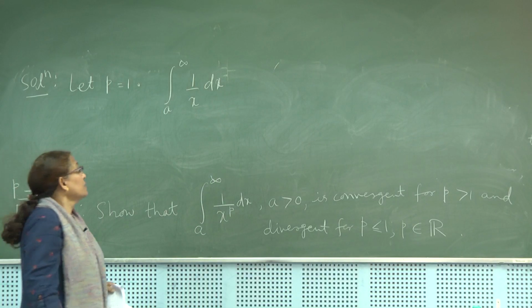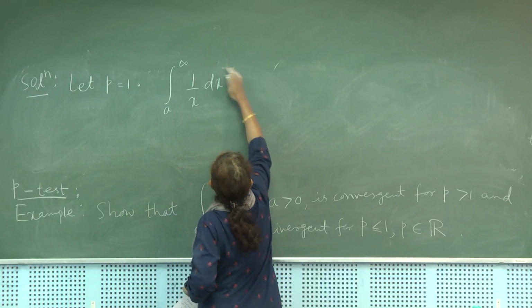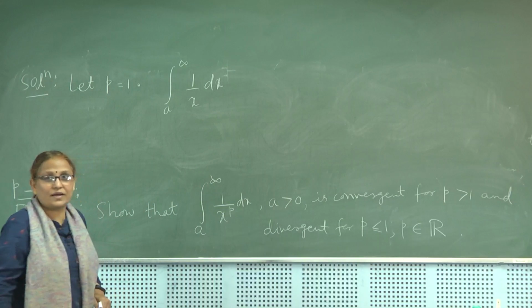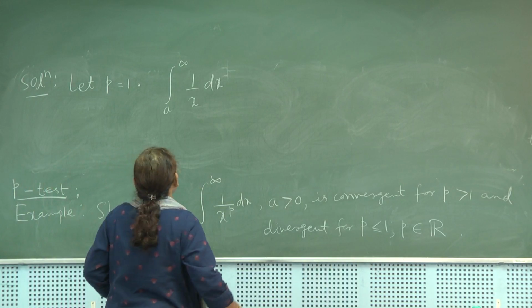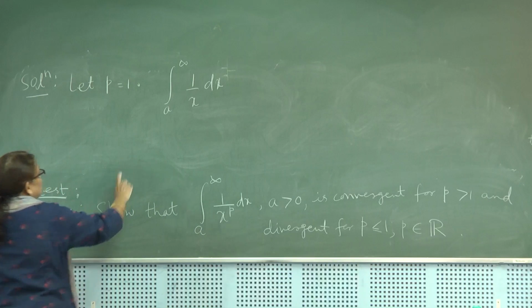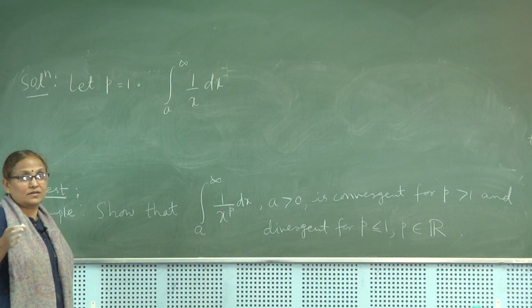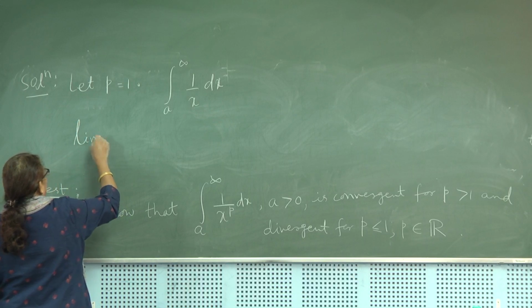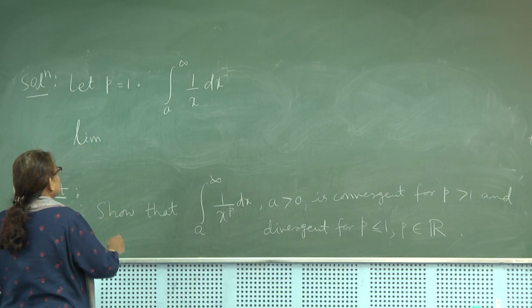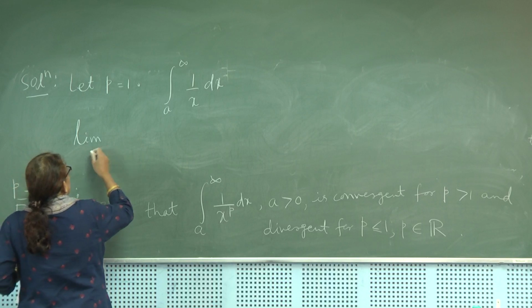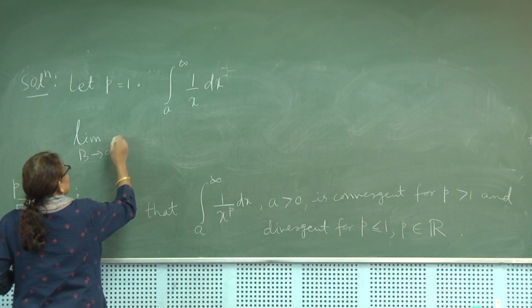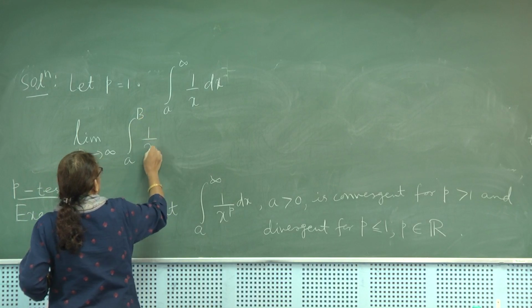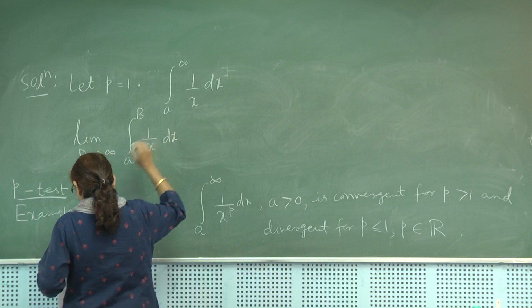What can you say about the convergence of this improper integral? For checking the convergence, we go back to our definition and evaluate directly the limit as b goes to infinity of the integral from a to b of 1 upon x dx.